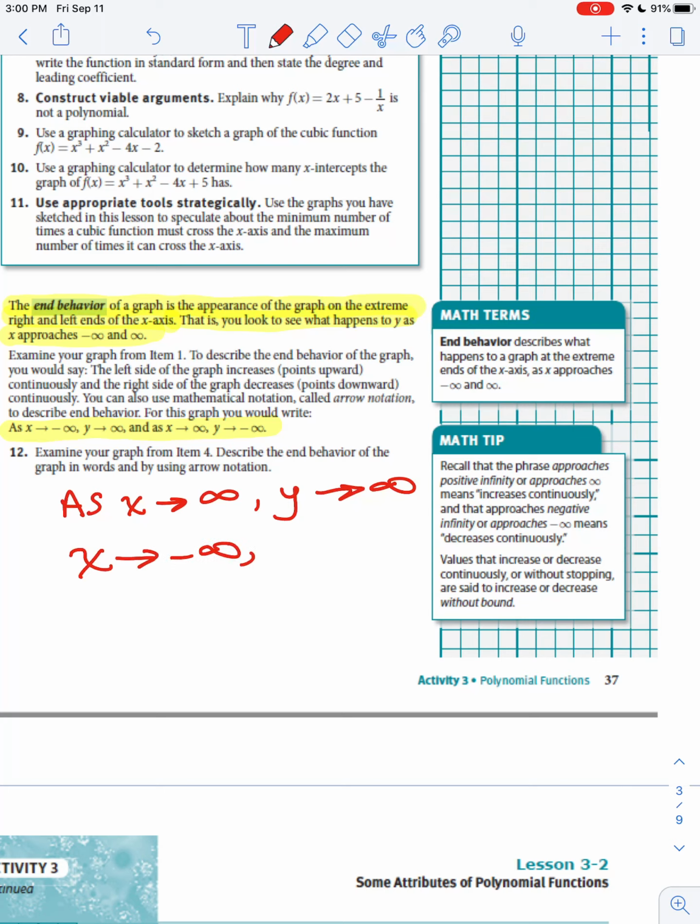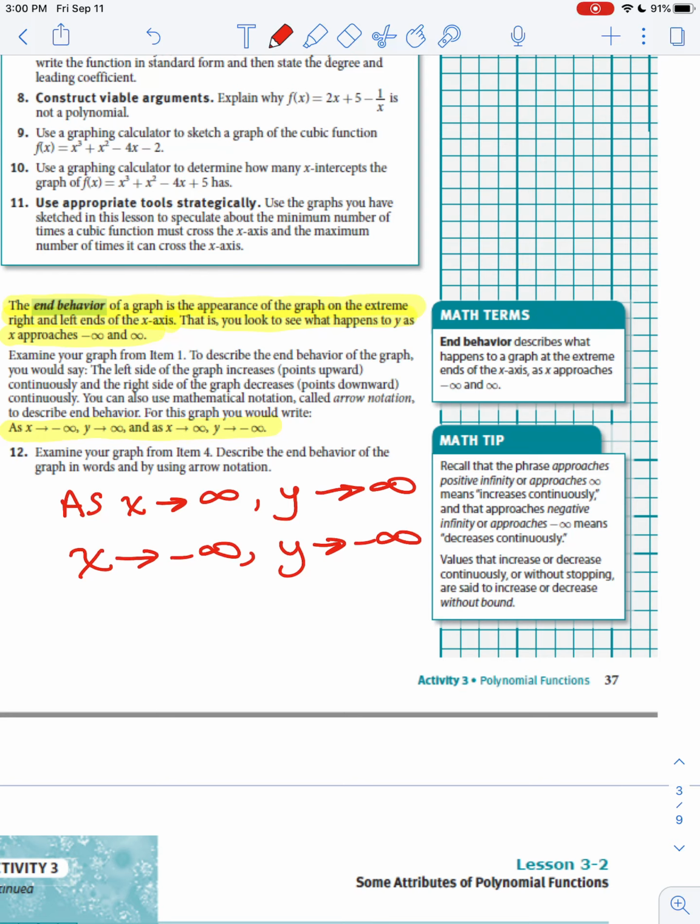But as x approaches negative infinity, y also approaches negative infinity. So it's backwards from the one we saw before. The end behavior changed on that one. And we're going to look at what causes that to happen in each equation. But that's how we would write it, and that's how we would read it.